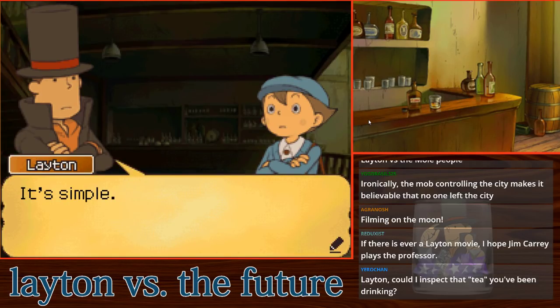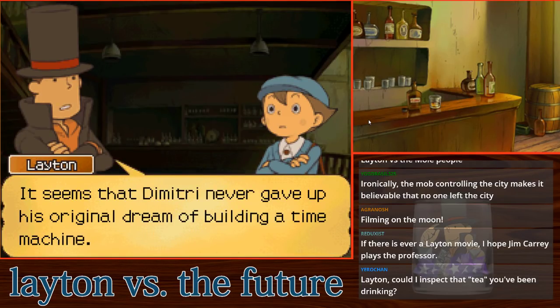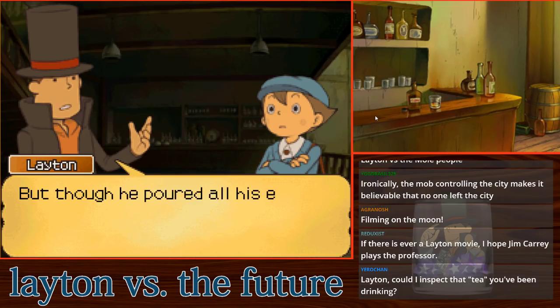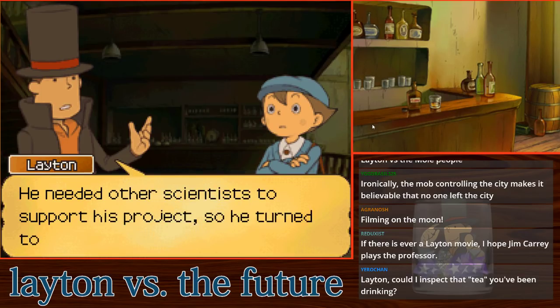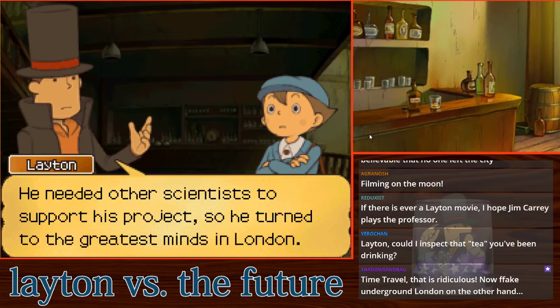It's simple. It seems that Dimitri never gave up his original dream of building a time machine. But though he poured all his energy into achieving this feat, the task was too large for one man. Is it possible that Dimitri gave up on the whole time machine thing 10 years ago? He needed other scientists to support his project, so he turned to the greatest minds in London.